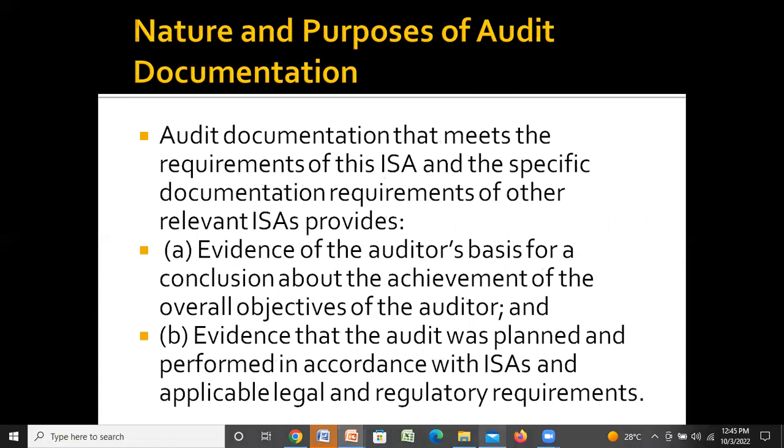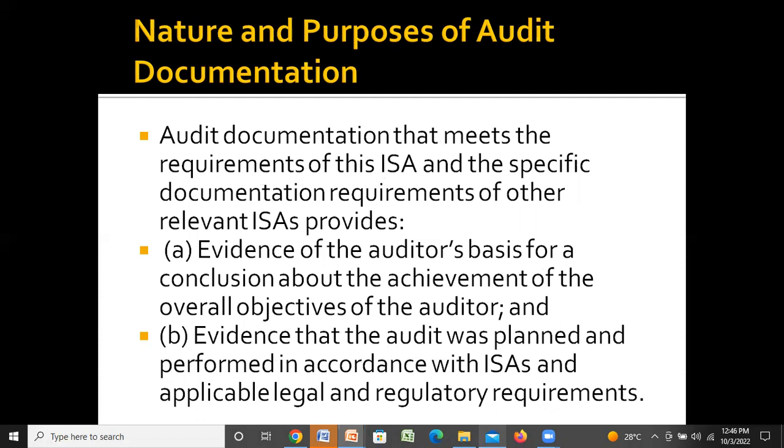All right, nature and purposes of audit documentation. Audit documentation that meets the requirements of this standard and the specific documentation requirements of other relevant ISAs provides evidence of the auditor's basis for a conclusion about the achievement of the overall objectives of the auditor. So you have an audit objective in the beginning of the audit, and at the end of the day, you are going to provide a report to show that the audit objectives have been met.